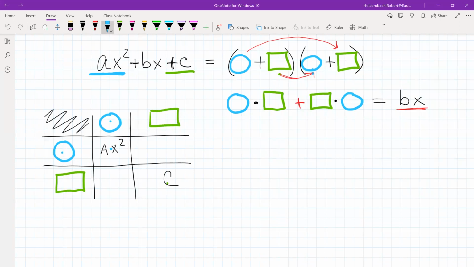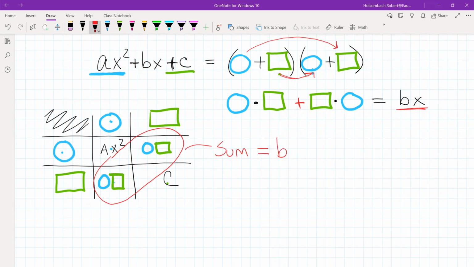Now, this blue circle times this green square, plus blue circle times green square, the sum of these two equals bx.